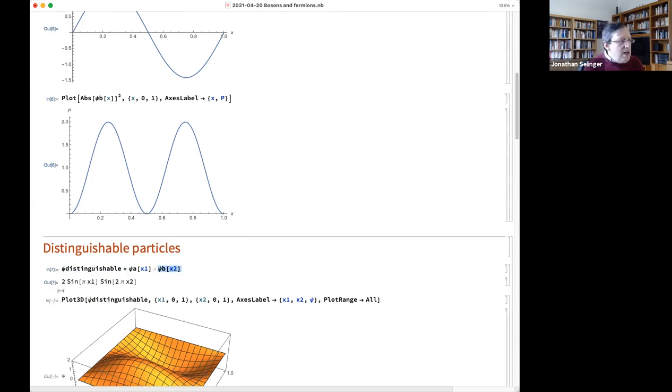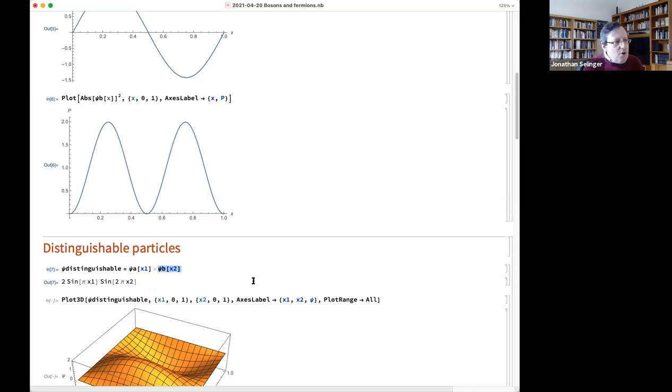So it gives us this nice function of two variables, x1 and x2. It's the sine of pi x1 times the sine of 2 pi x2. That's what it means to say that the first particle is in state 1 and the second particle is in state 2.